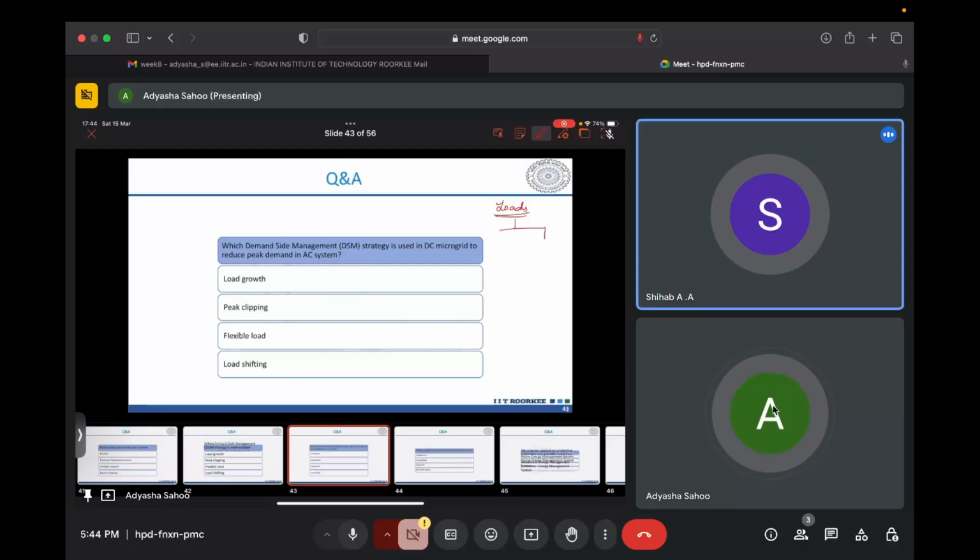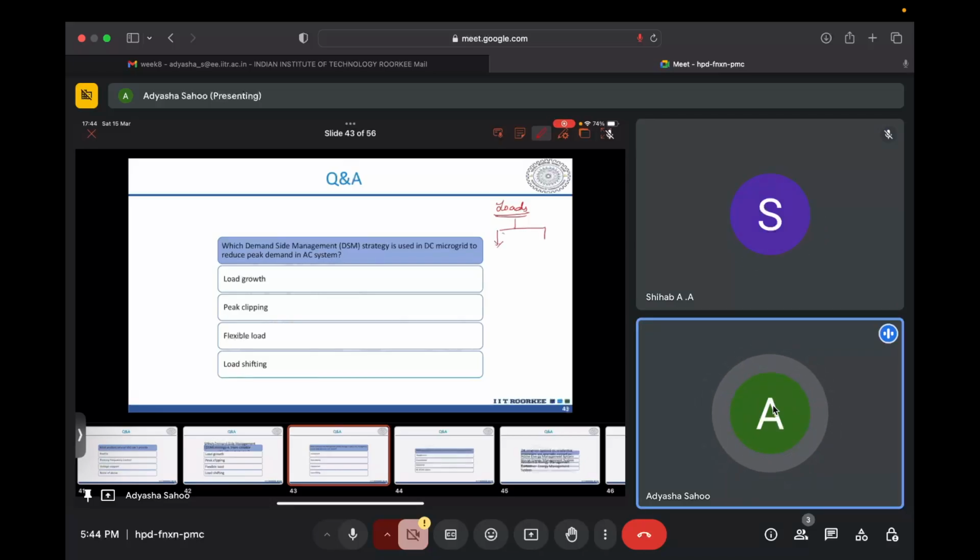So, among peak clipping and load shifting, we saw that load shifting was more favorable, right? Yes. And so here also these loads are DC and AC type. So if you shift the DC loads, then the overall load will also be decreased. So that is your load shifting.